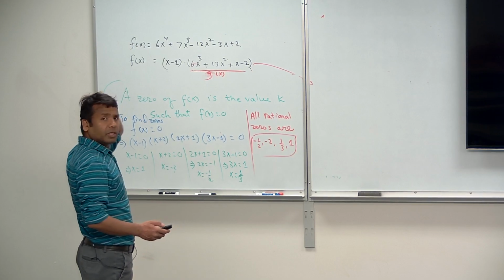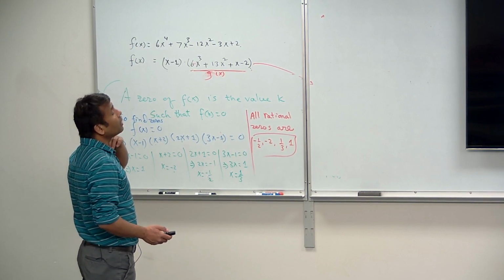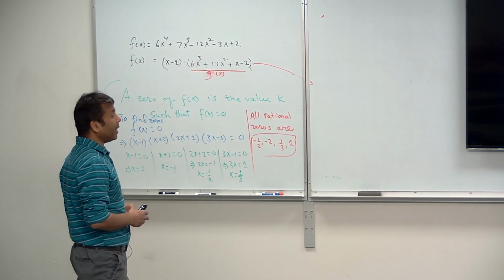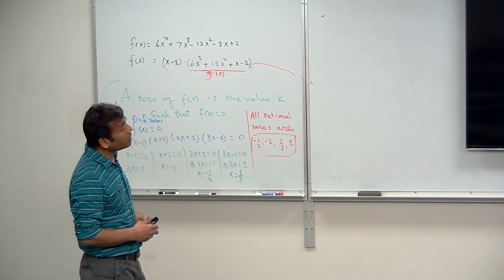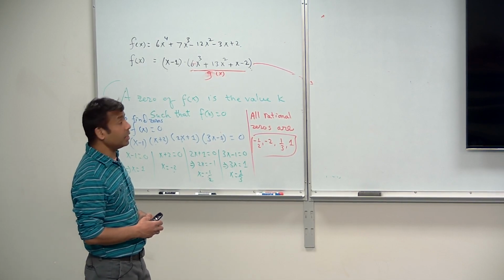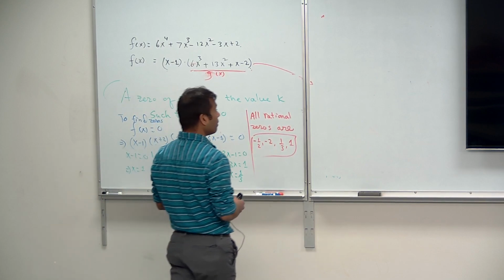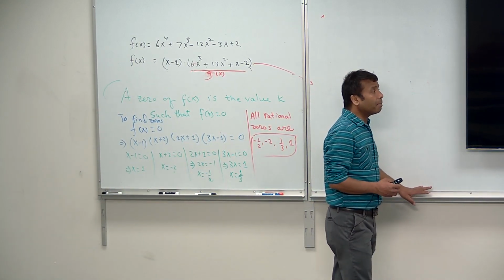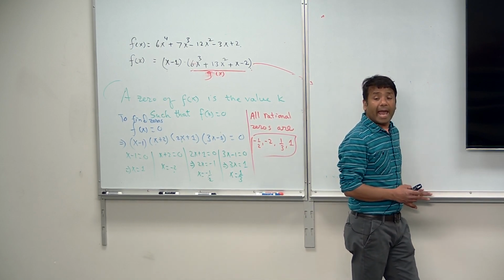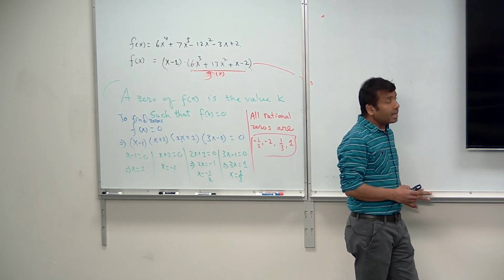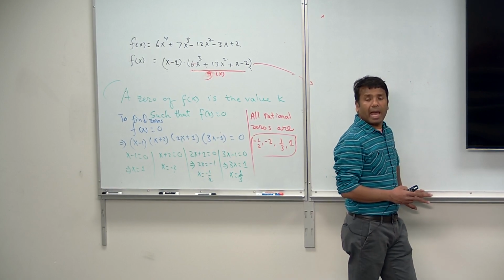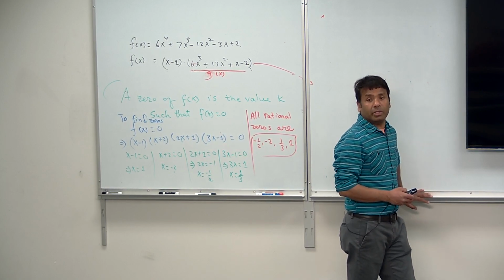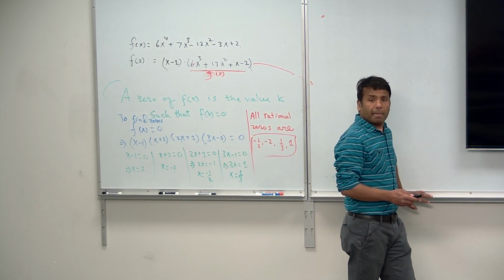And the number of zeros theorem: a function defined by a polynomial of degree n has at most n distinct zeros.